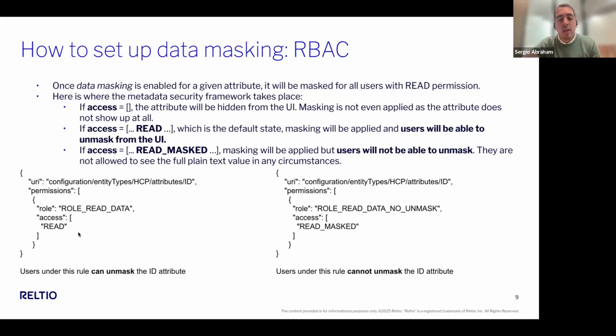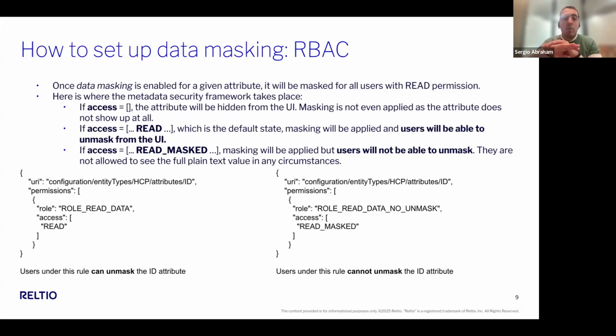So the attribute ID can be read only by users with that role. If you enable masking for that attribute, it means that all users with this role will see the data masked, the ID masked. People without this role will not even see the attribute. So this is a key difference.